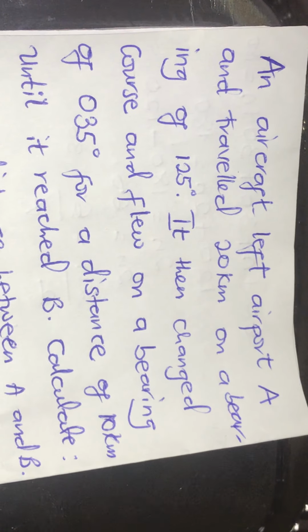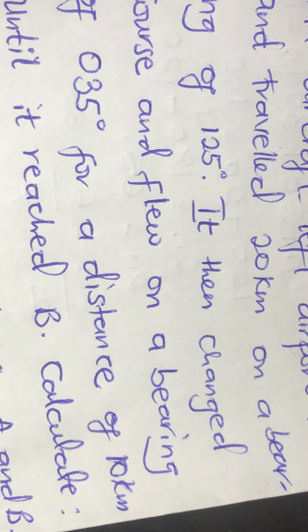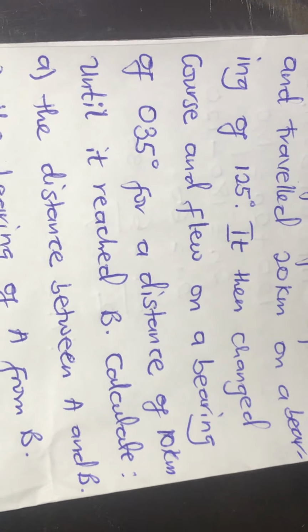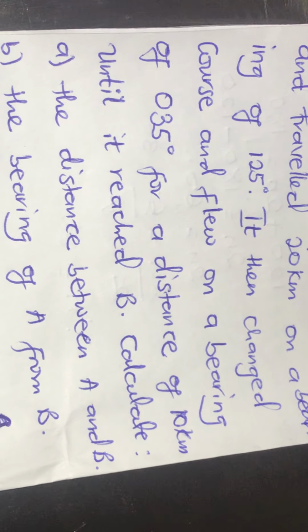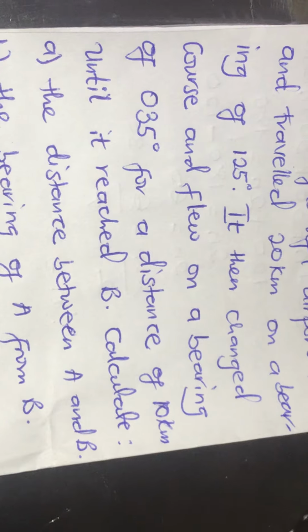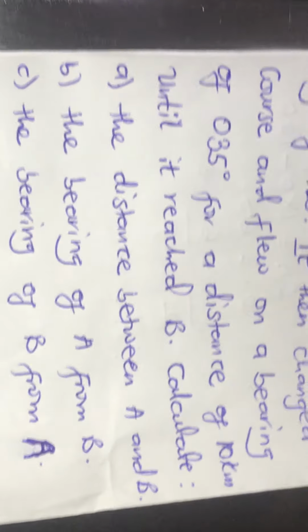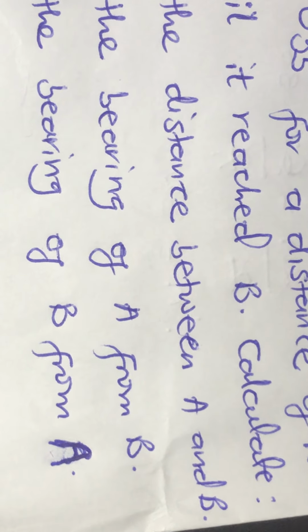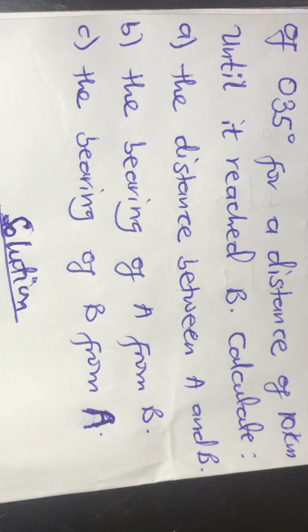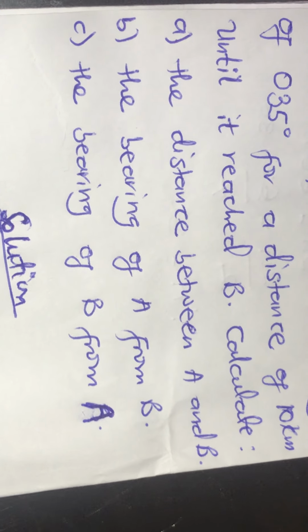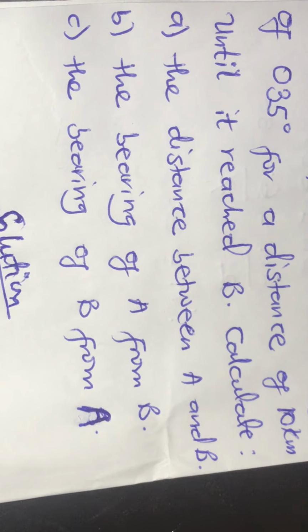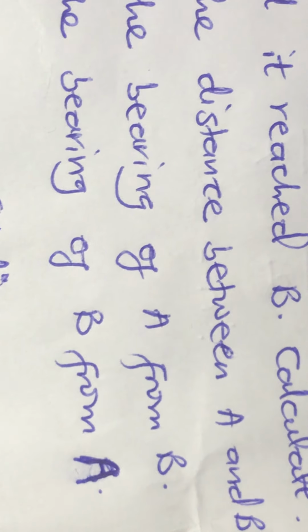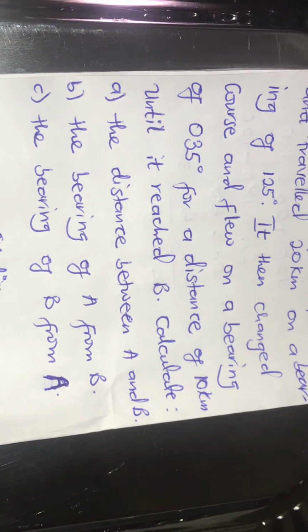It then changed course and flew on a bearing of 35 degrees for a distance of 10 kilometers until it reached B. Calculate A, the distance between A and B. B, the bearing of A from B. And C, the bearing of B from A. So this is our question.